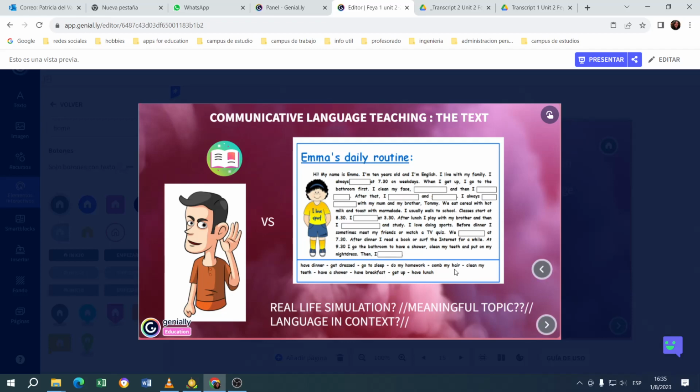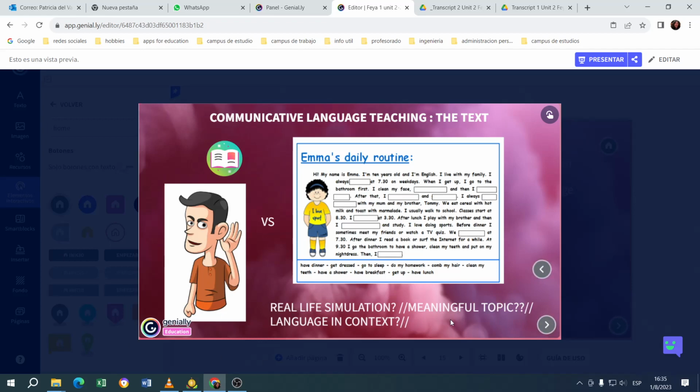It does not, as I said before, show real-life simulations. It does not bring a meaningful topic to the student, because this is a girl, an invented girl, whose routine is probably quite far from what our children do in their daily lives. So none of these items is respected.